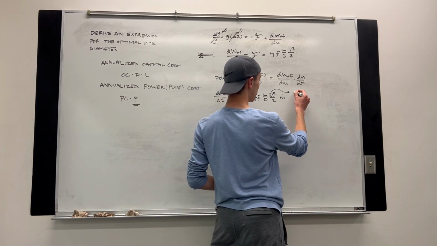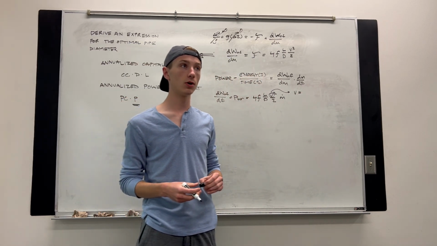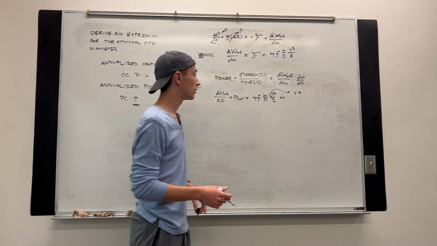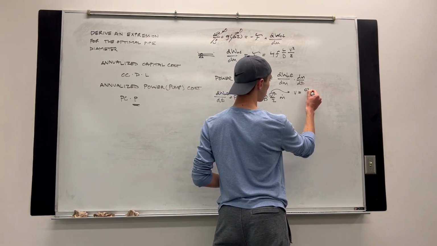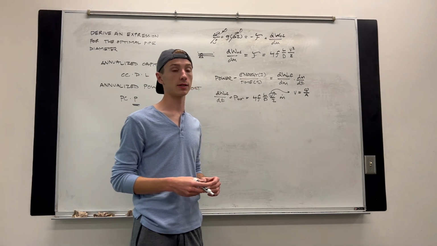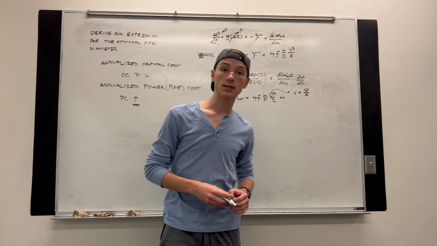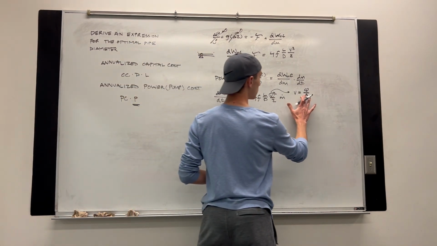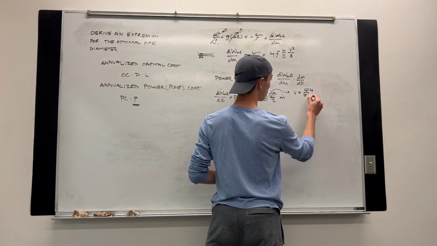Velocity is related to flow rate and the area: Q equals V times A, so V equals Q over A. A, for a cylindrical pipe, which is usually what we're talking about, is just pi d squared over 4.